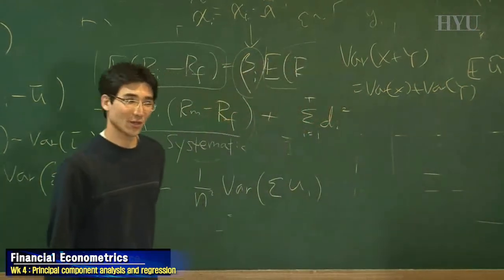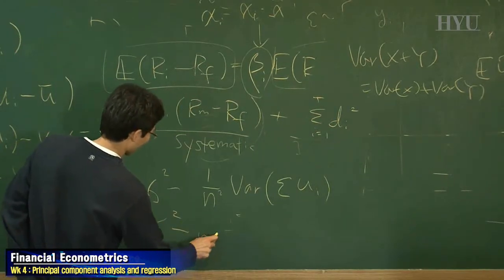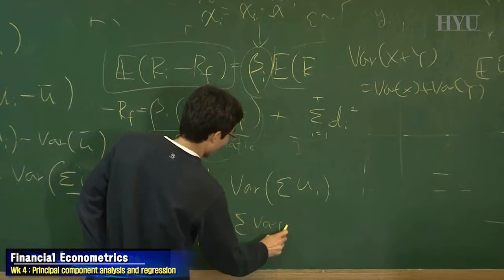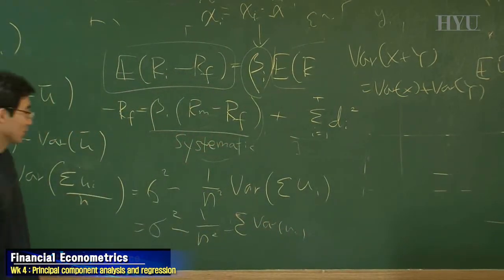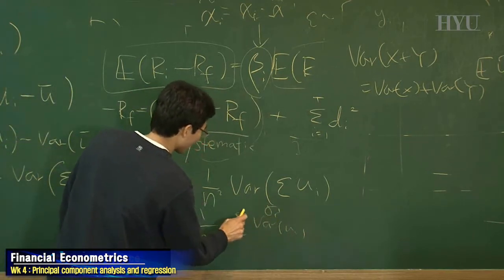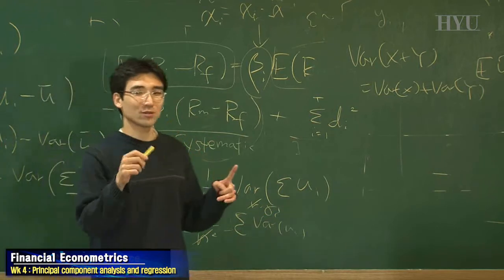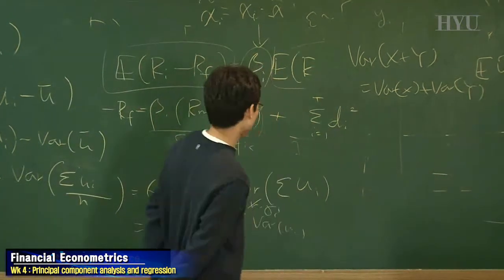So it is sigma squared minus 1 over n squared times the sum of the variances of ui. But the variance of ui is all sigma squared, so it is n sigma squared. So this cancels out. So 1 minus 1 over n times sigma squared. So we have this one. Okay.